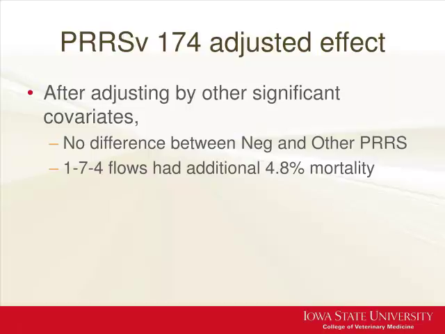We concluded the model showed, in that time frame of about a year, some 52 weeks of closeouts, up to the end of August, that there was no statistical difference between being classified as PRRS negative and being infected with PRRS virus other than 174. But the 174 flows had an additional 4.8% mortality compared to other PRRS viruses.